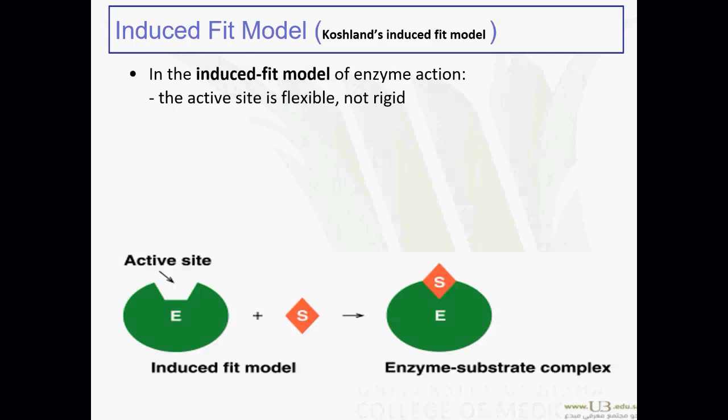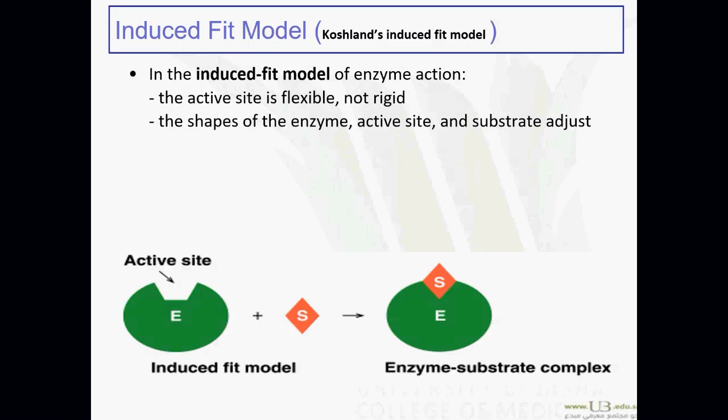The induced fit model states that the active site of the enzyme has some sort of flexibility. It's not typically rigid, so it can re-modify its shape to fit with the substrate, to adjust itself.